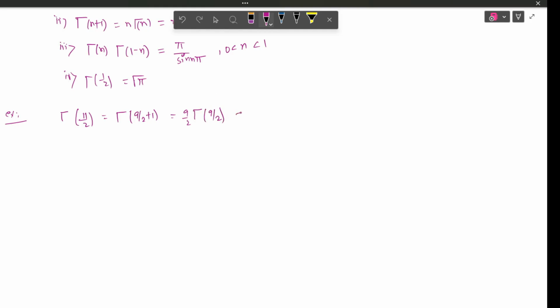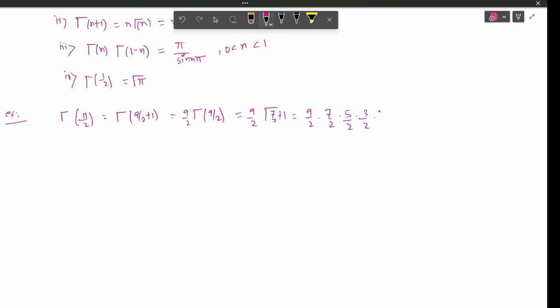Now again 9 by 2, you can write it in the form 7 by 2 plus 1. Then it would be again 9 by 2, 7 by 2, then gamma of 7 by 2. Gamma of 7 by 2 you can write as 5 by 2 plus 1. So 5 by 2 will come out. Then gamma of 5 by 2 you can write as 3 by 2 plus 1. So 3 by 2 will come outside. And 3 by 2 plus 1 you can write as half plus 1.